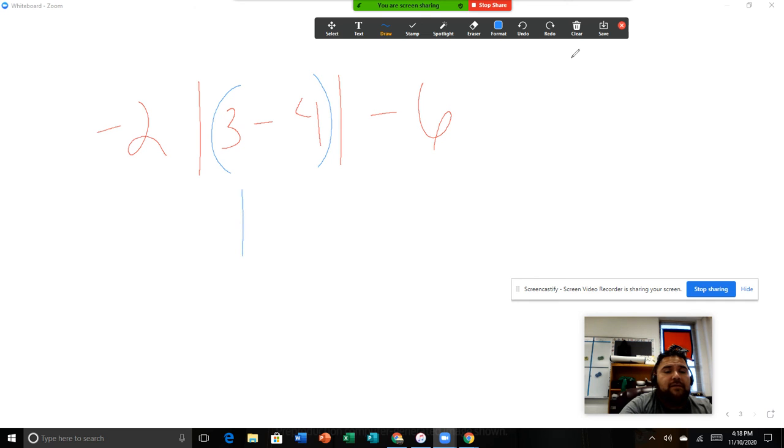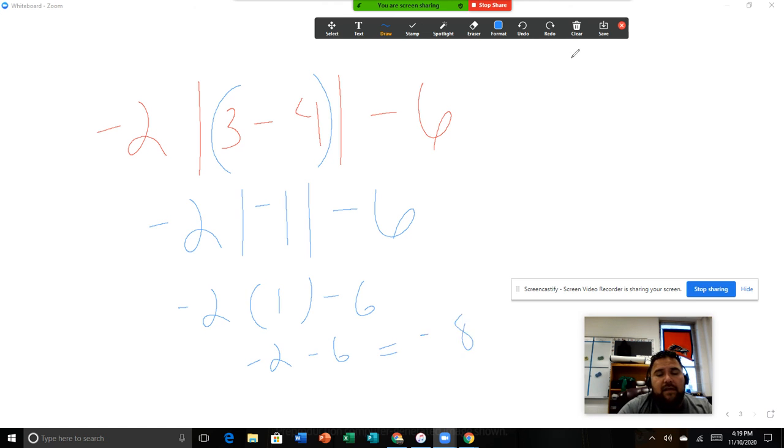So this is the absolute value of -1 times -2 minus 6. Absolute value of -1 is +1. So we have -2 times +1 minus 6. -2 times 1 is -2, minus 6 equals -8. So this whole outcome came out to -8.